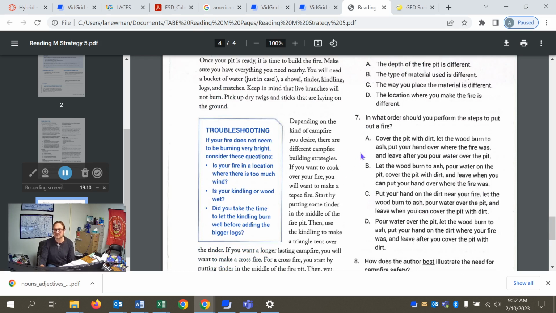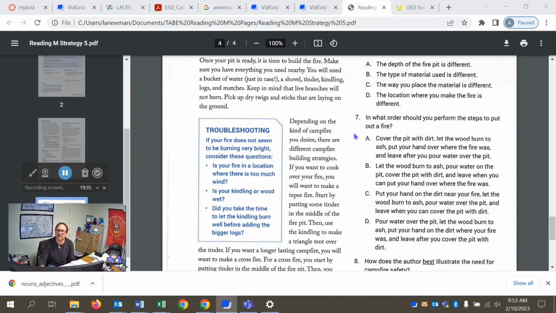And, like A is a good example of that. Actually, I'm sorry, A is not a great example of that. Anyway, so I misspoke. A is a good example because we have cover the pit with dirt before letting the wood burn out to ash.